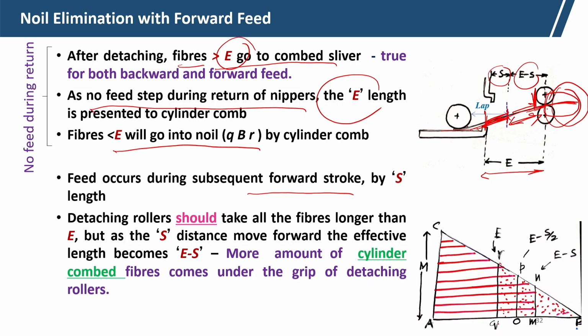Okay. So effectively, fibers less than E minus S will be going to the comber noil. The detaching roller should take all the fibers longer than E, but as it moves S distance forward, the effective length becomes E minus S. So, more cylinder combed fiber comes under the grip of the detaching roller.